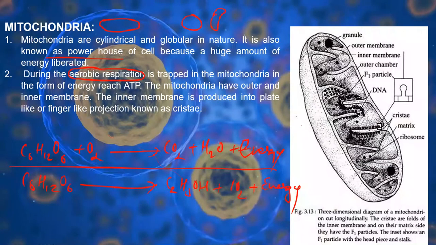Aerobic respiration is done in the presence of oxygen. So aerobic respiration takes place in the presence of oxygen, and it occurs in mitochondria, no doubt.